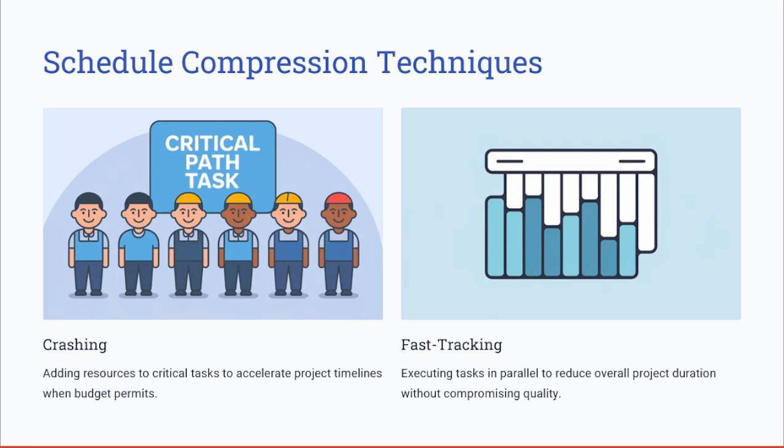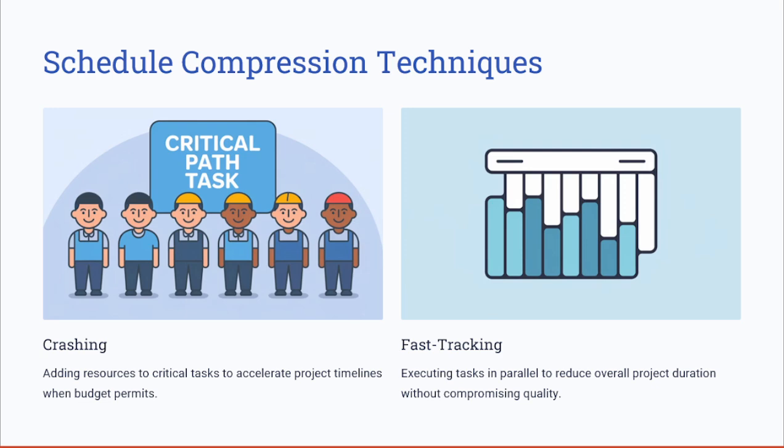So you can fast track it, performing these tasks in parallel instead of waiting for a sequential order. So again, use fast tracking when there are overlapping tasks that won't compromise quality. Also, you can use it when the project deadline must be met with limited additional costs.